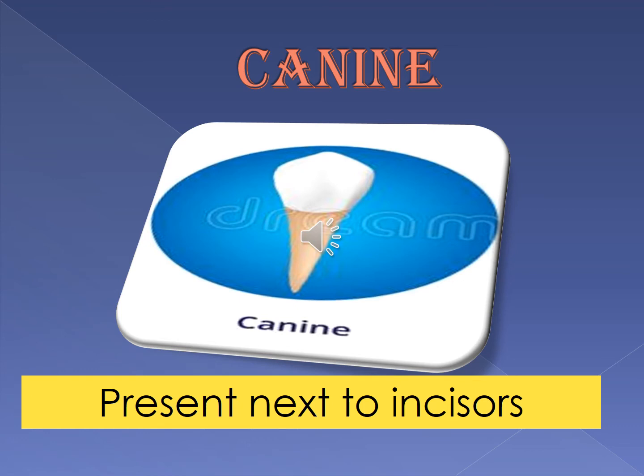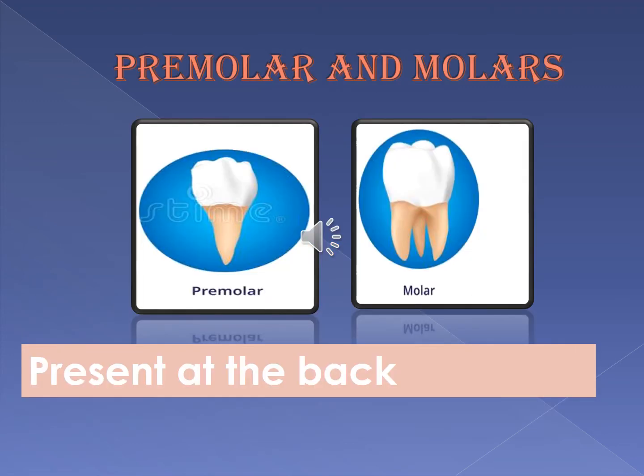Canines are present next to incisors. They are 4 in number, 2 at the top and 2 at the bottom. Molars and premolars are present at the back. Premolars are 8 in number, while molars are 12 in number, including 4 wisdom teeth.